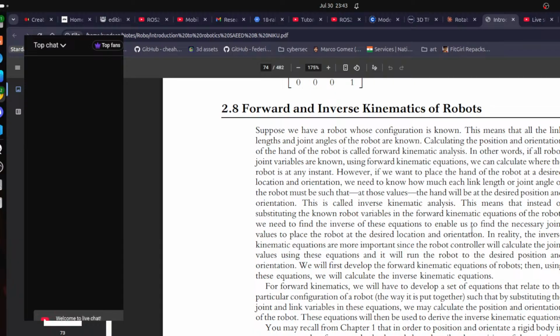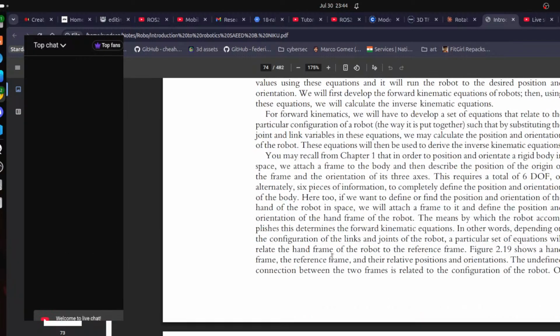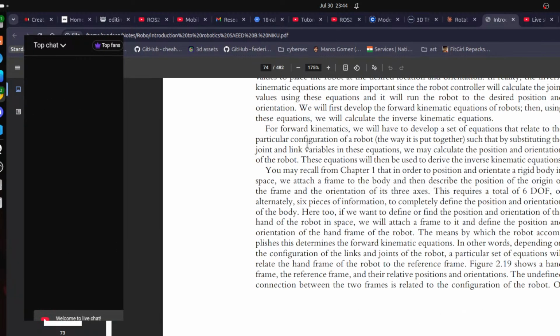Instead of substituting the known robot variables in the robot kinematics equation, we need to find the inverse of the equation, and we'll find the necessary values to place the robot at a desired location or rotation. In reality, inverse kinematics are more important since the robot controller calculates its own values from these equations. Then we use this equation to derive the inverse kinematic equations.